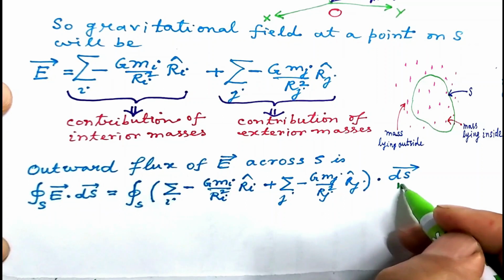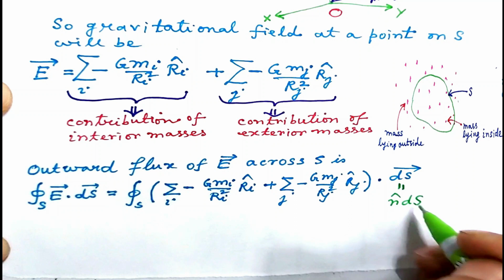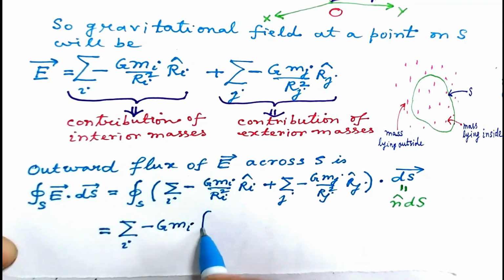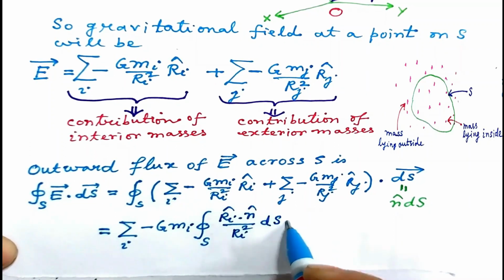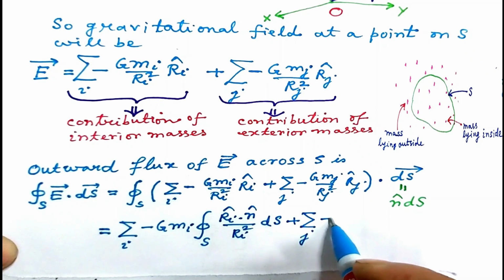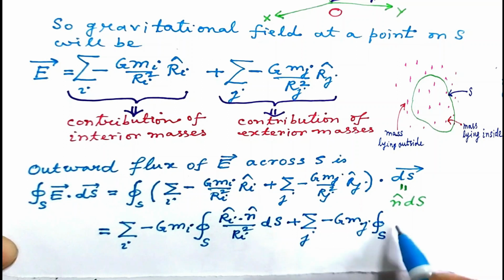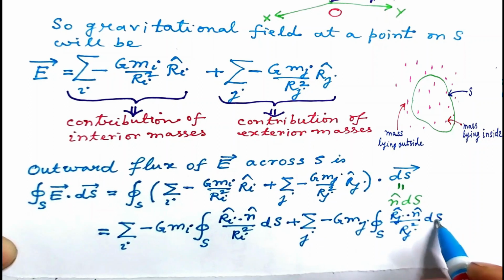And vector ds is the surface element representing n hat into ds, n hat being the outward unit normal to the surface S. This is equal to summation over i of minus G into m_i into closed surface integration over S of r_i hat dot n hat by r_i square into ds, plus summation over j of minus G into m_j into closed surface integration over S of r_j hat dot n hat by r_j square into ds.